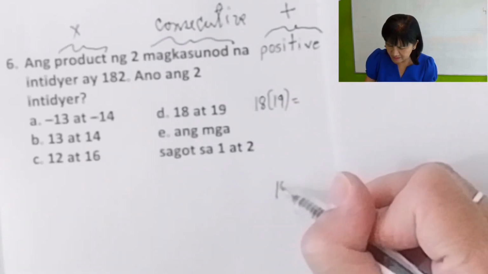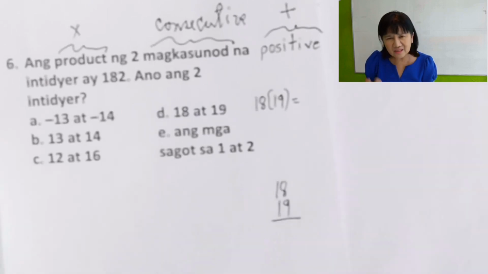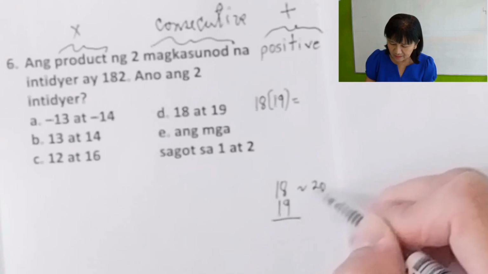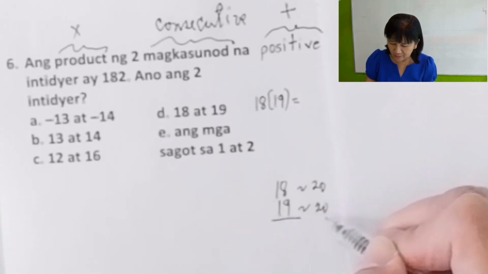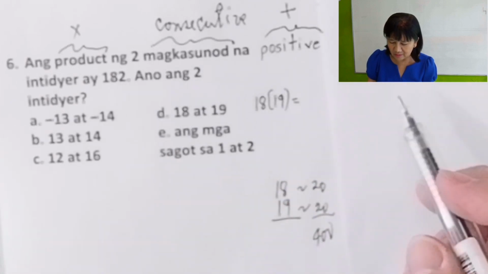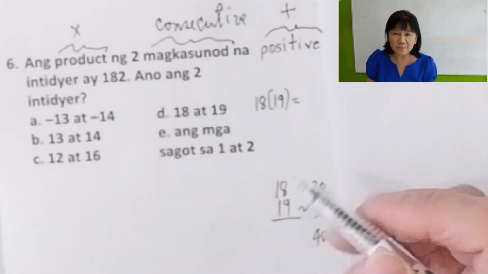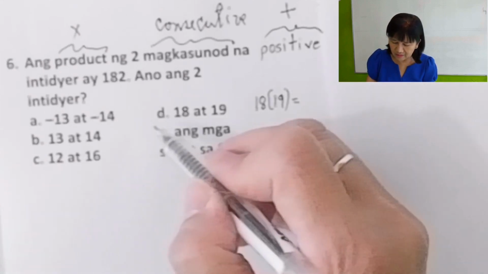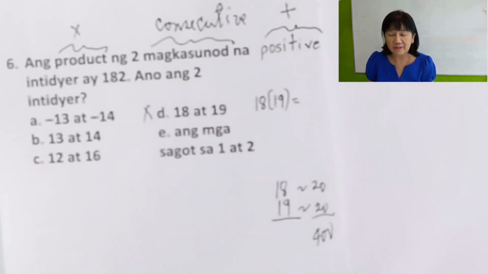Let's try that, 18 times 19. I can see that it must be very big because 18 is very near 20, and 19 is also very near 20. 20 times 20 is 400, but this is only 182. So 18 times 19 must be giving us like 300 something. So I think D cannot be an answer already.